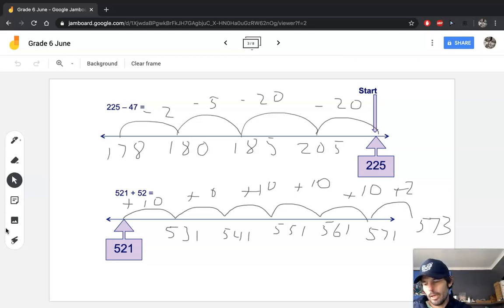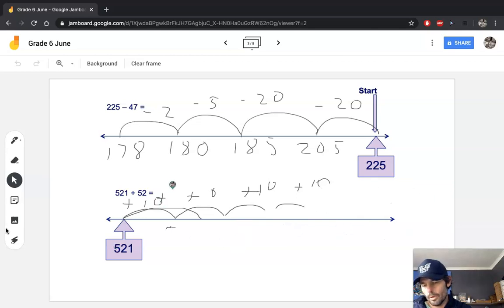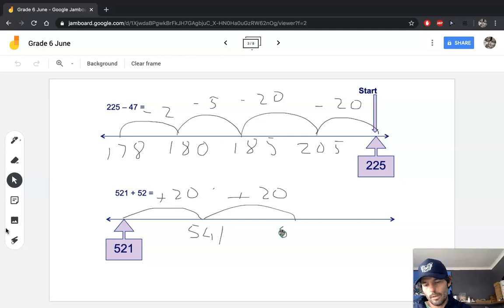Okay, yes, you could have also jumped in different amounts. Perhaps you had gone 20 first. That would have given you 541. Another 20. That would have given you 561. Then we would have gone 10 to 571, okay, and then the additional 2 to 573.